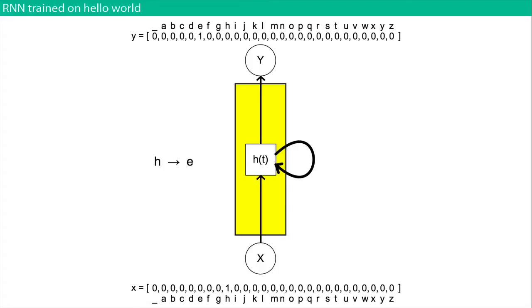So for example, a really simple example is, let's say you want to make a model which predicts, or even generates, sequences of characters, like English language characters.